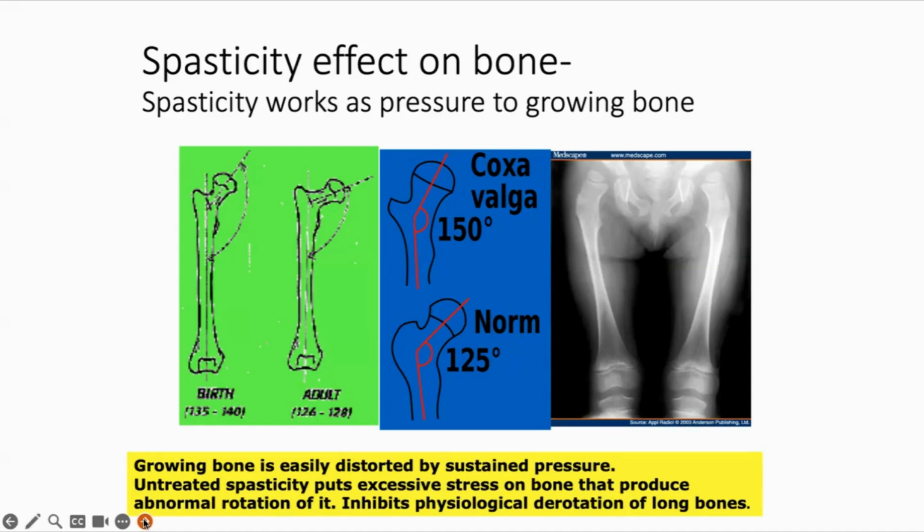This is inhibiting the physiological derotation of long bones, which causes the coxa valga, with the femoral neck shaft angle increasing to 150 degrees. This also contributes to the windswept deformity typically seen with increased spasticity of the hip adductors and the abductors, leading to poor positioning, deformities, and pain.